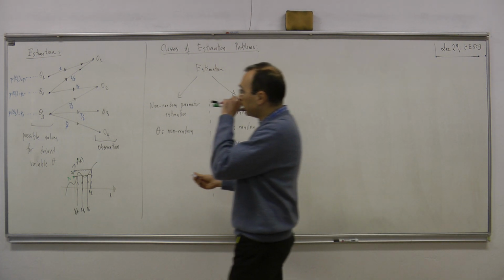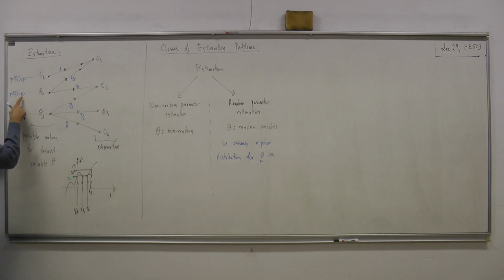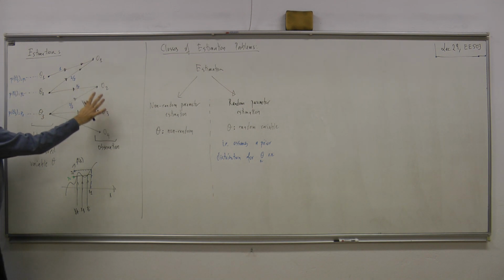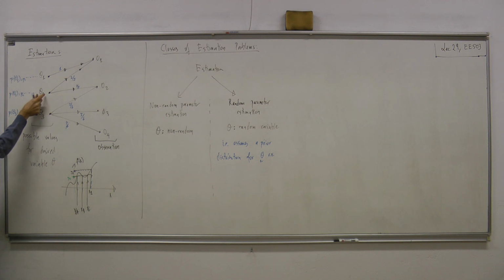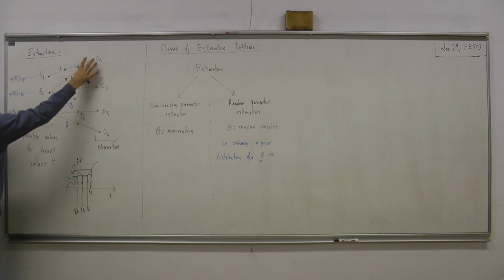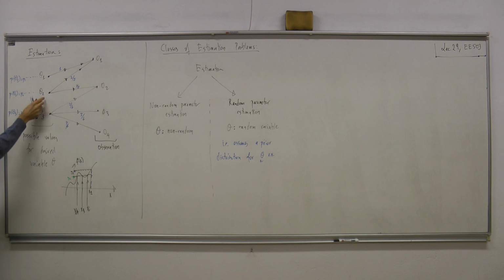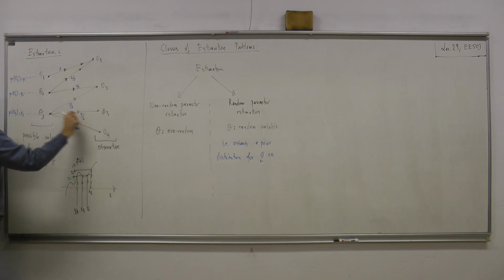Actually, this is something great because, for example, if this is 99% and this is 0.005 and this is 0.005, then without any observations, I can say that theta 2 is the result of this experiment, because this is correct 99% of the time. 99% of the time, this mapping starts from theta 2 and goes somewhere.